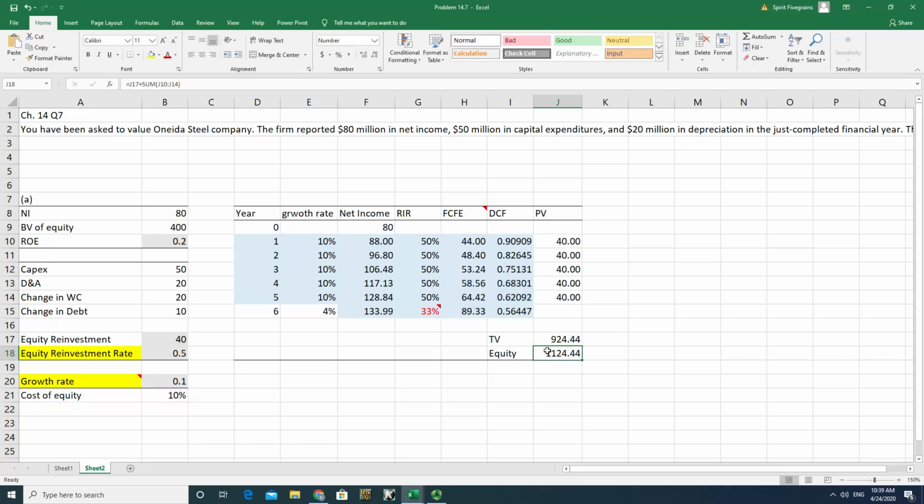And then equity value equals the sum of the present value and this TV. I'm sorry. Let me see if this TV is discounted. Yeah, TV has been discounted. And here, this is a discount factor.